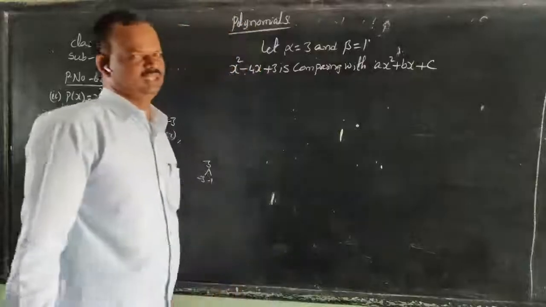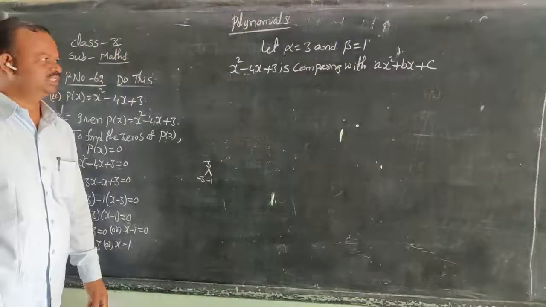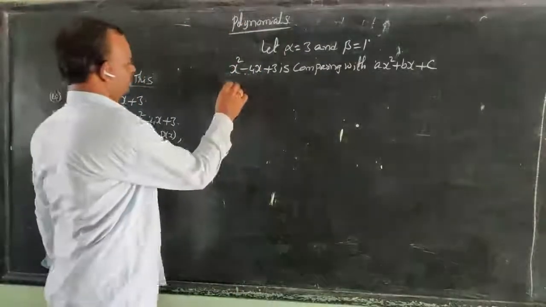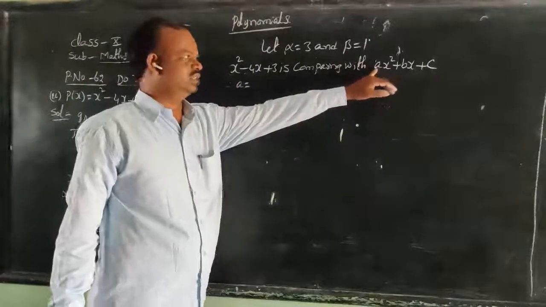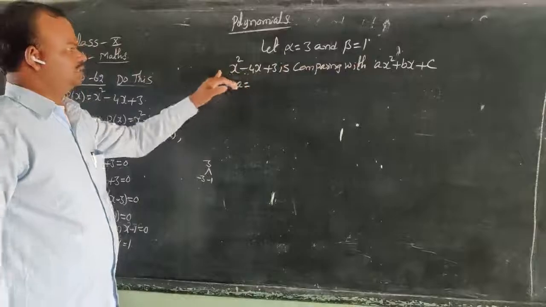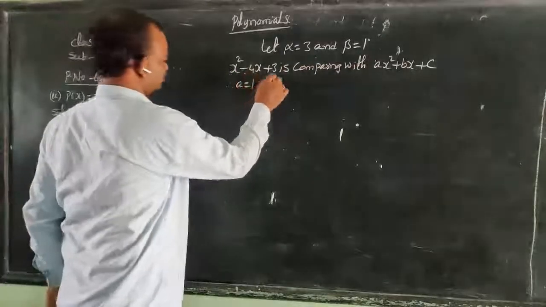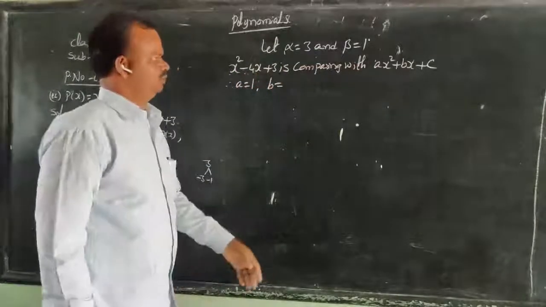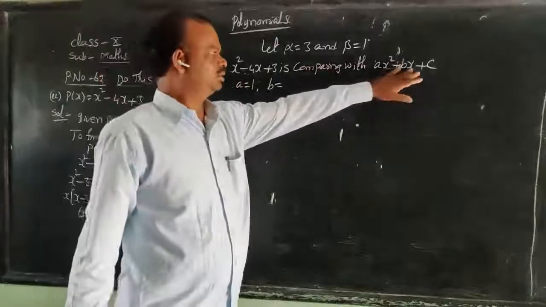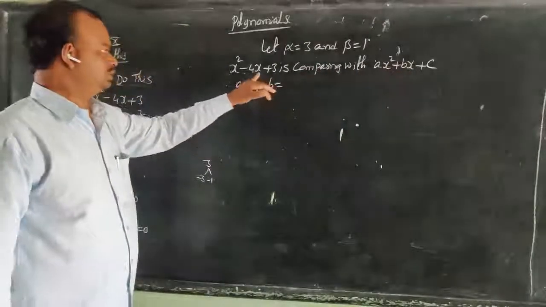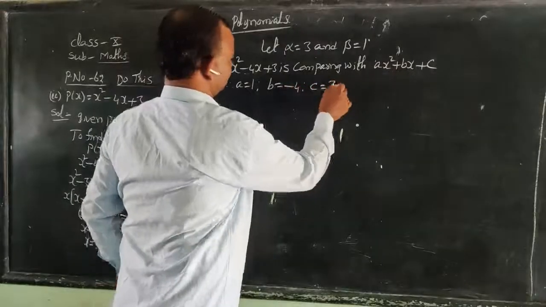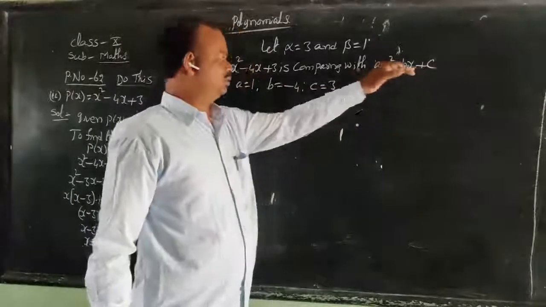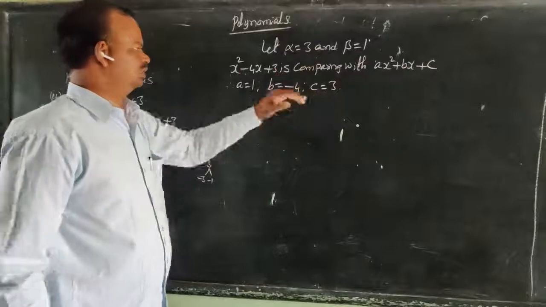Here the values of a, b, c: a is the coefficient of x square, which is 1. B is the coefficient of x, which is minus 4, and the constant c is 3.